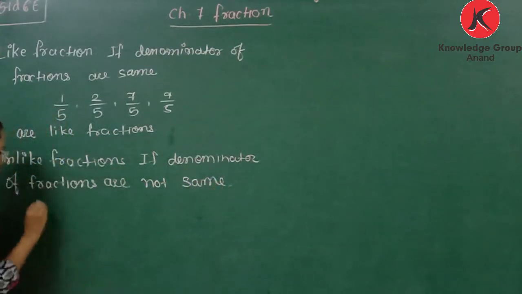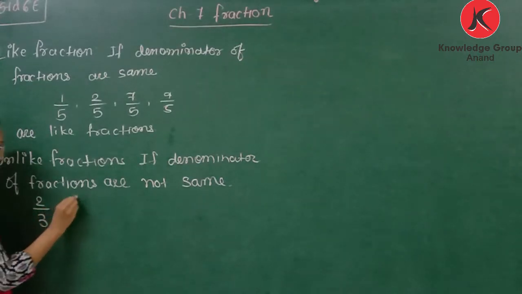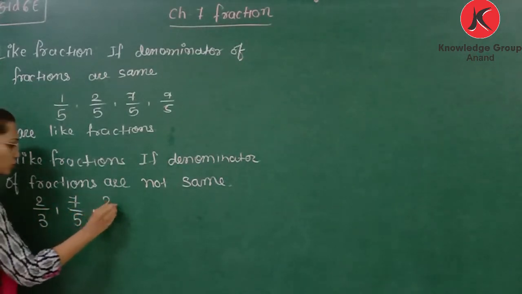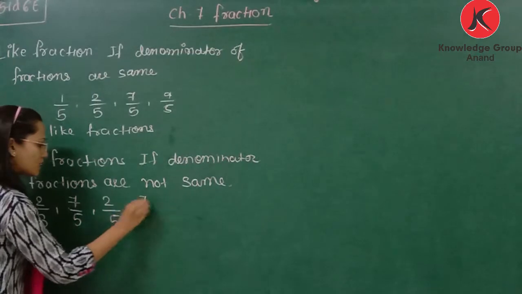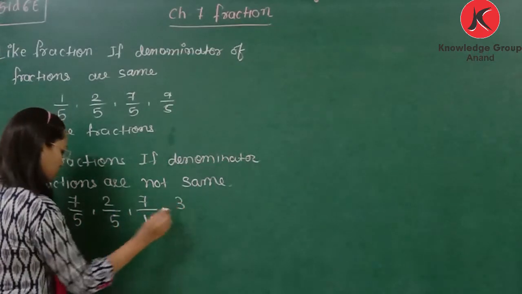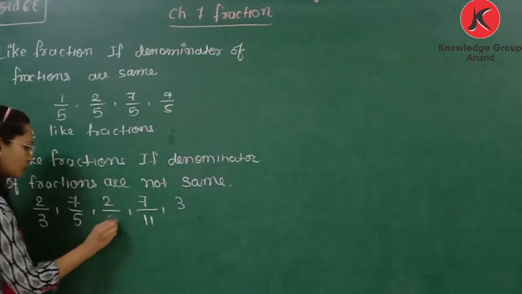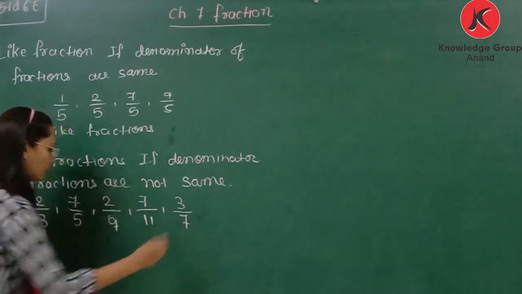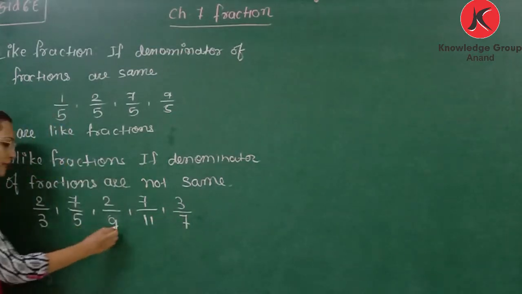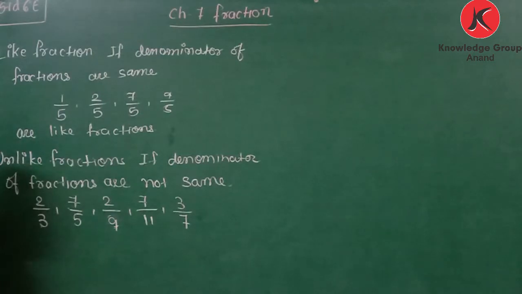For example, 2/3, 7/5, 2/5, 7/11, 3/7. Now here you can see the denominators of the fractions are different. So these are called unlike fractions.